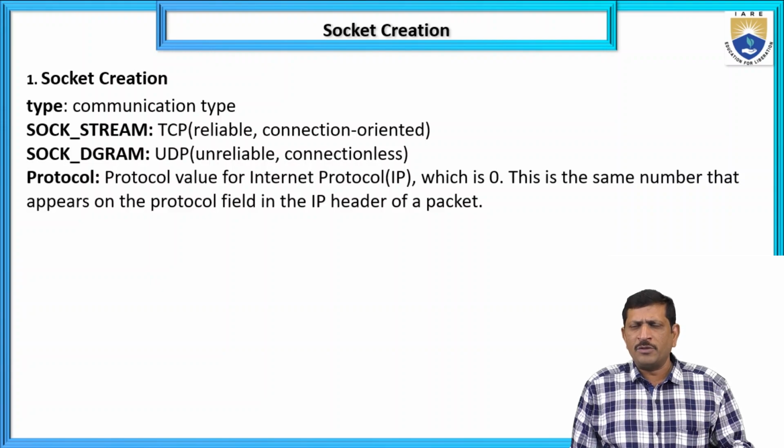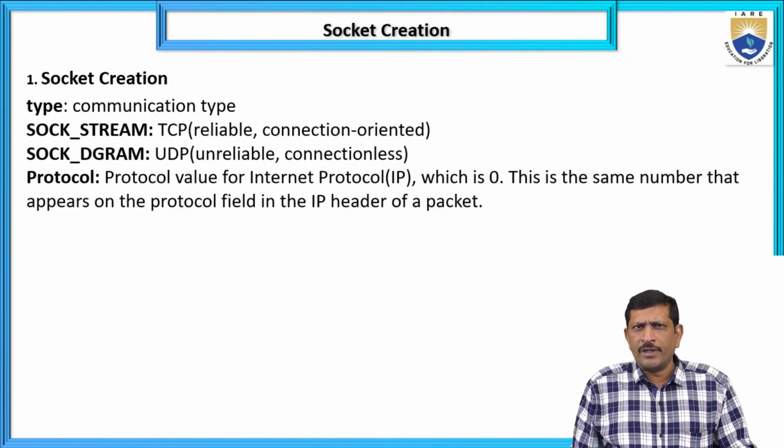Transmission Control Protocol is reliable. It is a connection-oriented protocol. SOCK_STREAM, that is TCP, is reliable and connection-oriented. SOCK_DGRAM, where dgram means datagram, can be implemented by using the UDP protocol, User Datagram Protocol, which is unreliable and connectionless.